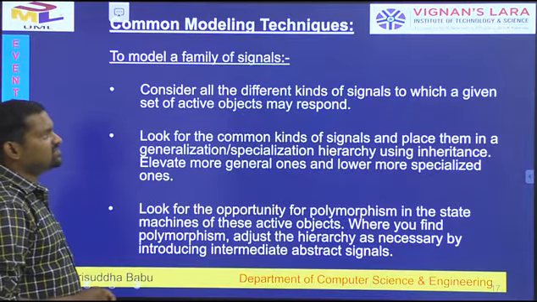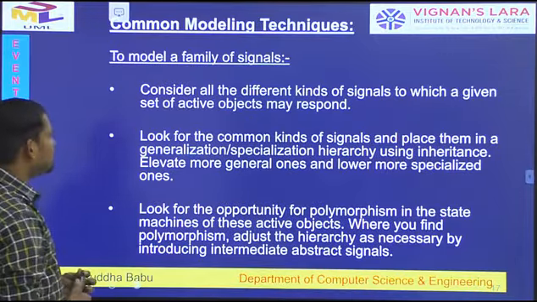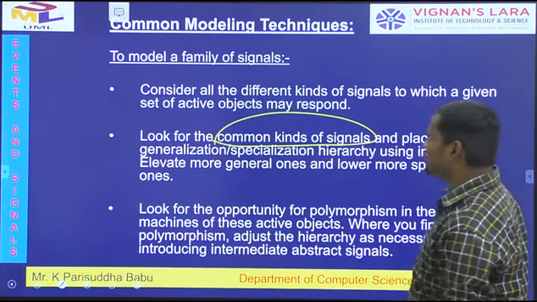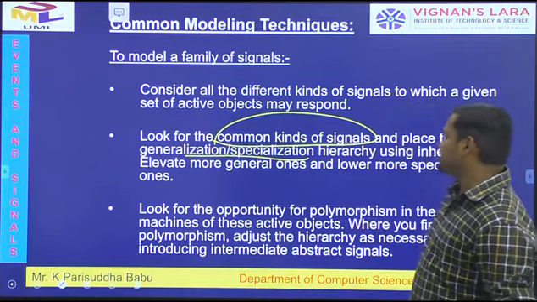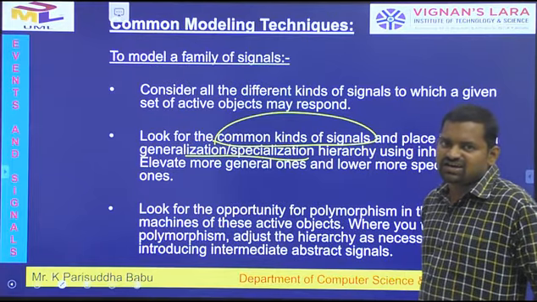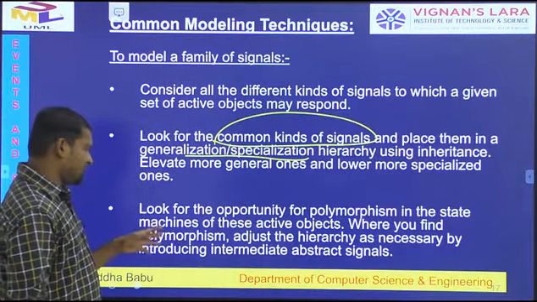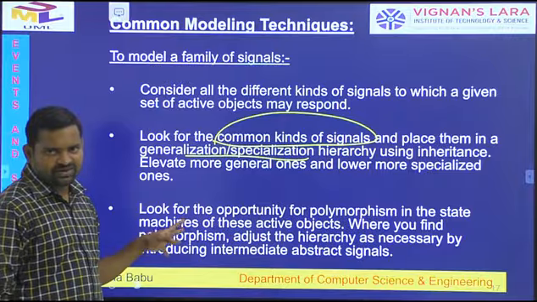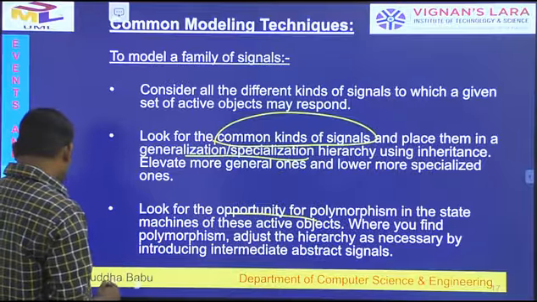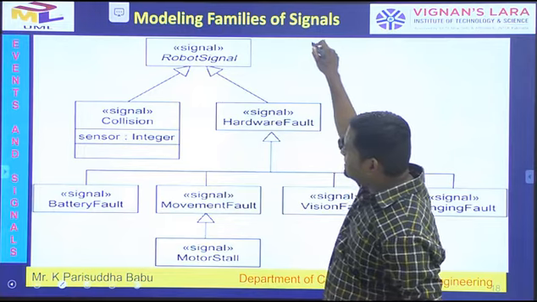Another modeling is family of signals. Consider all the different kinds of signals to which a given set of active objects may respond, look for the common kinds of signals, and place them in a generalization or specialization inheritance hierarchy. Also look for the opportunity for polymorphism in the state machines of these active objects. Modeling the signals: robot signal is the parent signal.